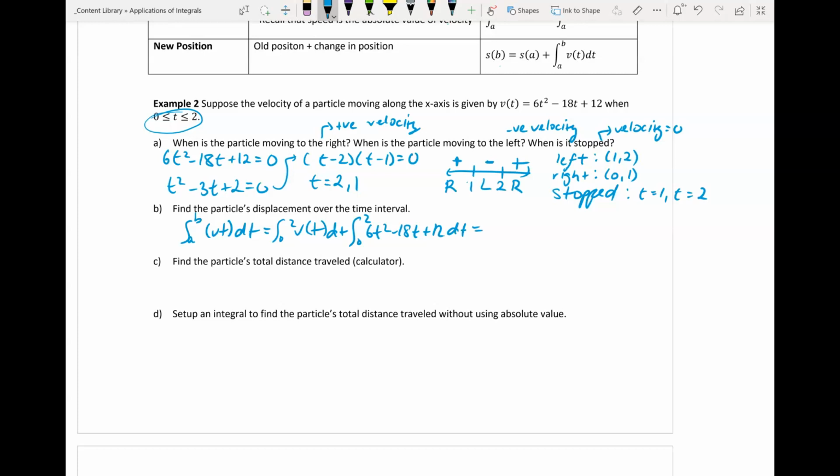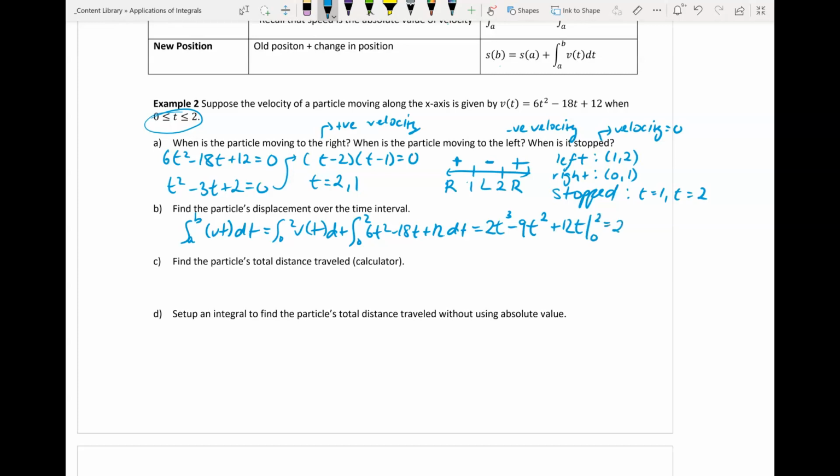So I'm going to integrate each term by reversing our power rule, which is t to the power of 3. I would bring this 3 back down, but divide by it. So that's 6 divided by 3 is 2, minus t squared, and then 18 divided by 2 is 9, plus 12t. And we're going to evaluate this from 0 to 2.